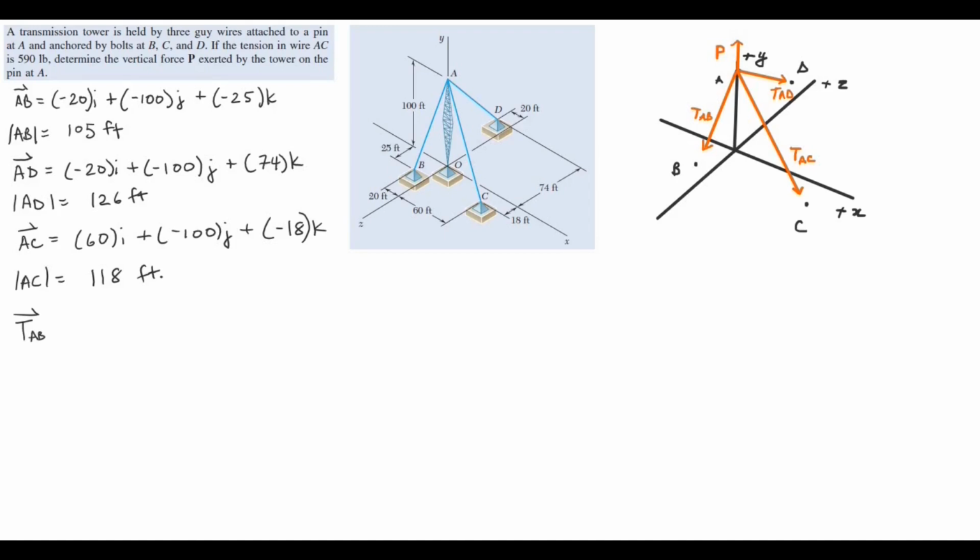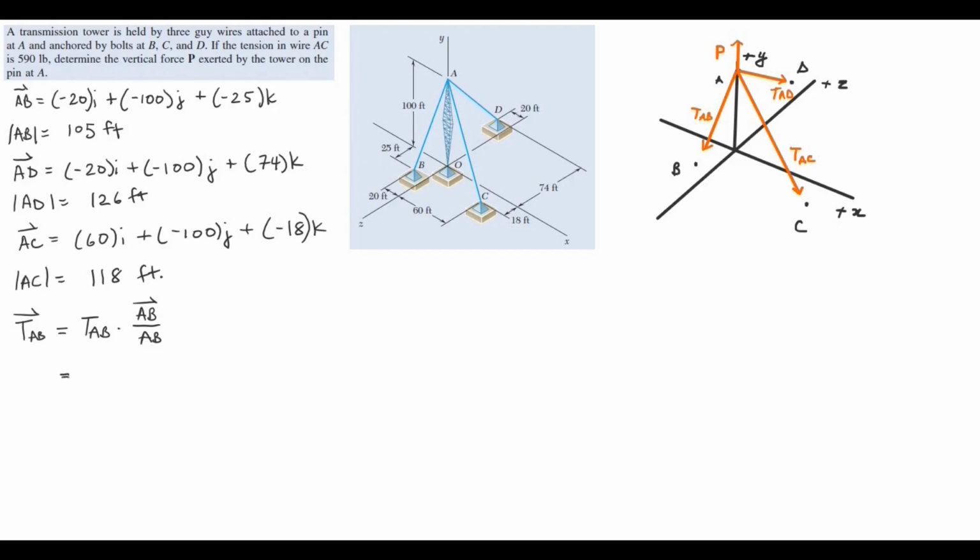We know that the vector tension AB is equal to its magnitude times vector AB over the magnitude AB. So now we can substitute in the values.